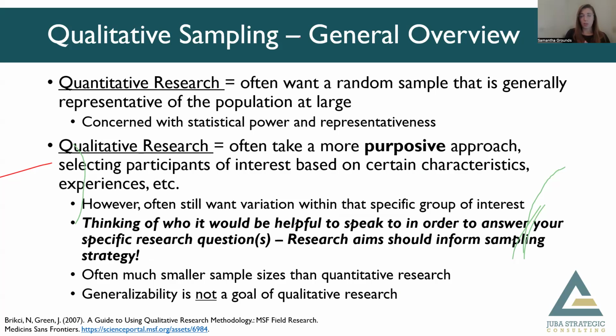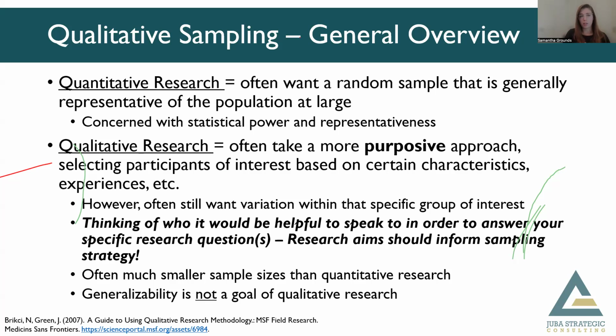Qualitative research is very different when it comes to this. With qualitative research, we often take a more purposive approach where we're selecting participants of interest based on certain characteristics or experiences. However, when we're doing that, we often still do want variation within that specific group of interest, and I'll explain a little bit what I mean by that.